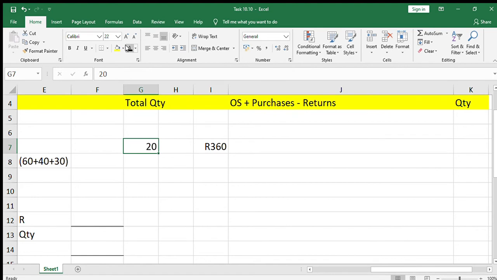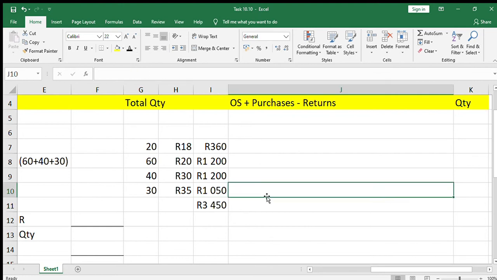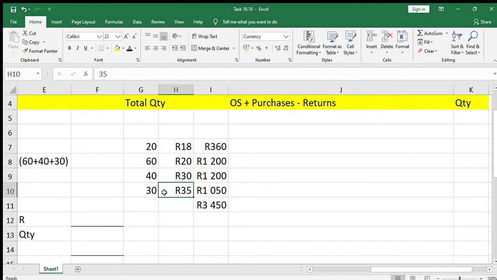The opening stock was 20 units at 18 rand, which gave us 360 rand. We had one lot of purchases, 60 at 20 rand, which gave us 1,200. Another lot of purchases, 40 at 30 rand, gives us 1,200, and then 30 units purchased at 35 rand gives us 1,050. So I'm just going to add this up, and that gives us 3,450.